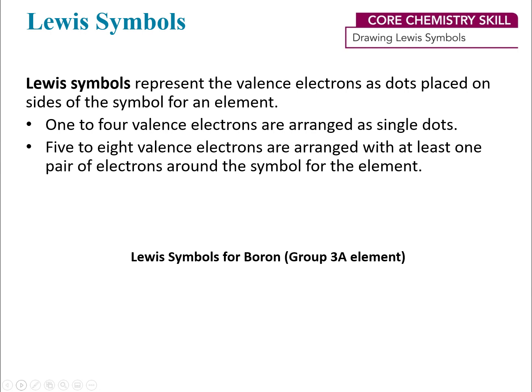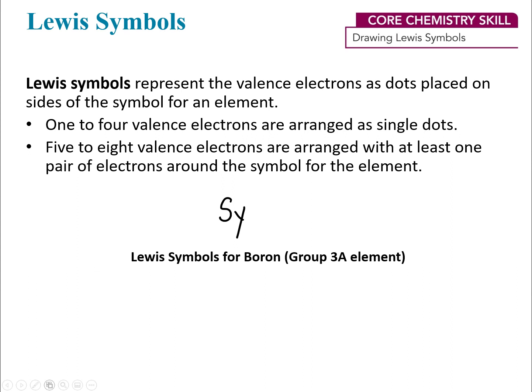Lewis symbols. This is related to valence electrons. Lewis symbols represent the valence electrons for an element. I went over this in the video, but I want to make sure that everybody gets it, and then we'll do an example together. So I'll have my generic symbol for my element symbol.